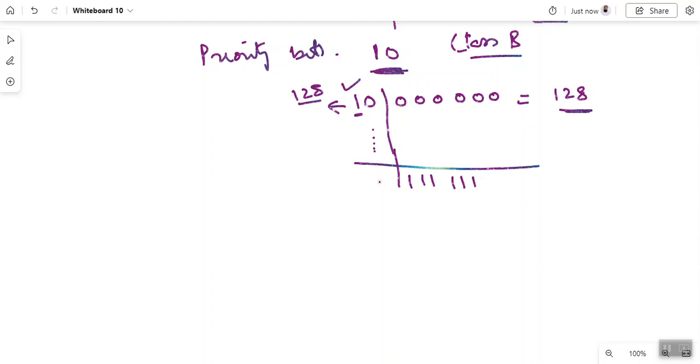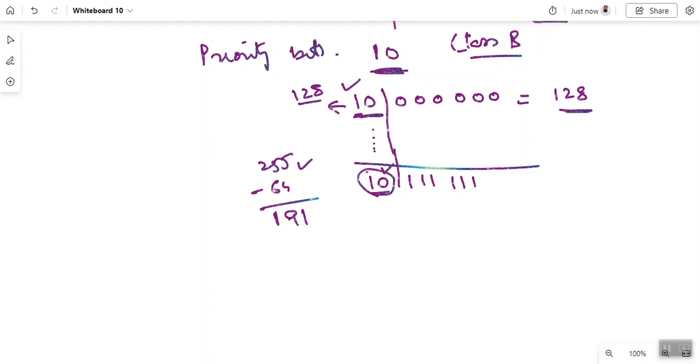So subtract 64 from 255 and you will get 191. This is one way to calculate.